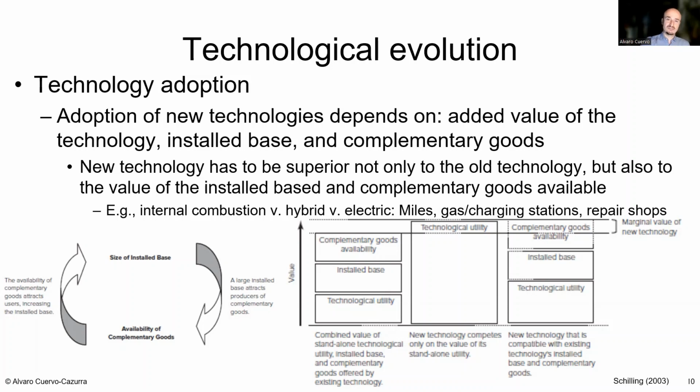So, how many miles can I get out of this before I need to charge? And there were huge concerns, not so much in terms of the technology per se, but also all the installed base and especially the complementary assets. Can I get somewhere in which I can charge the car other than charging, if you want, in my garage?